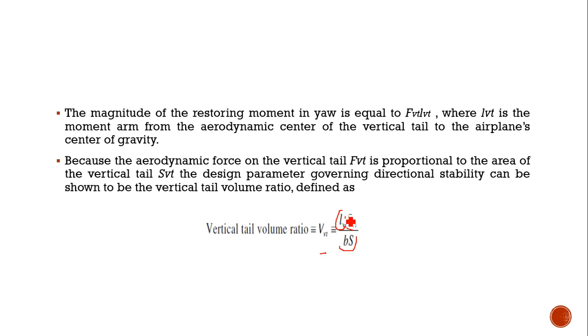And B and S are the span and area of the wing. Okay. So vertical tail volume ratio VVT equals LVT into SVT divided by B into S.